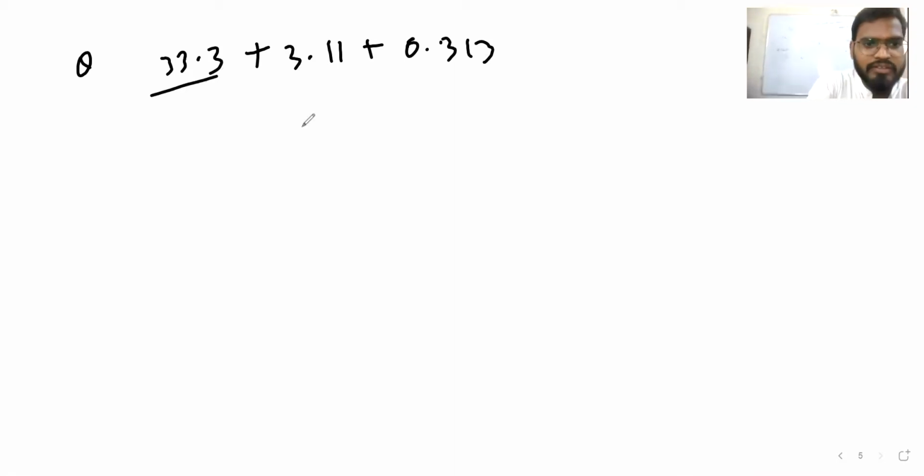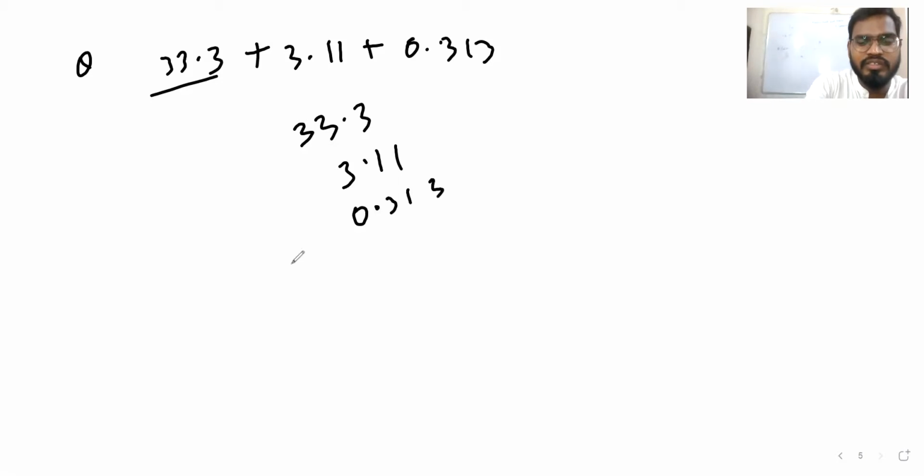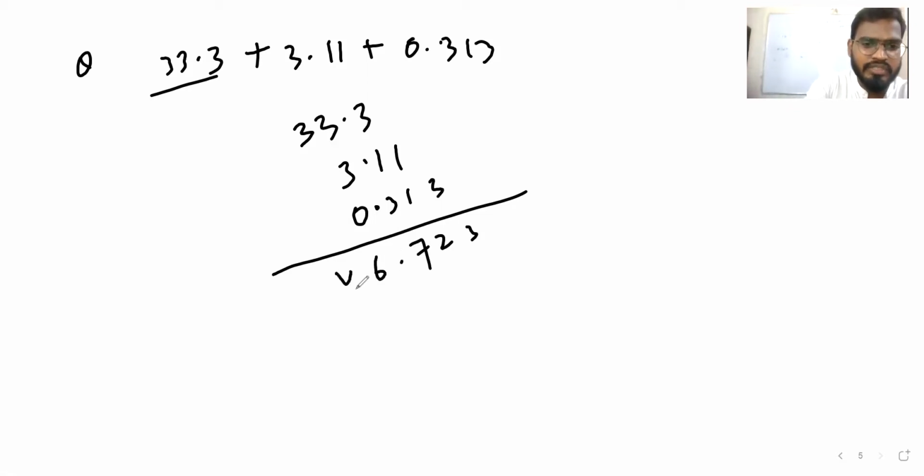So let's write all: 33, then 3.11, and then 0.313. So 3, then 1 and 1, 2, then 7, and then 6.